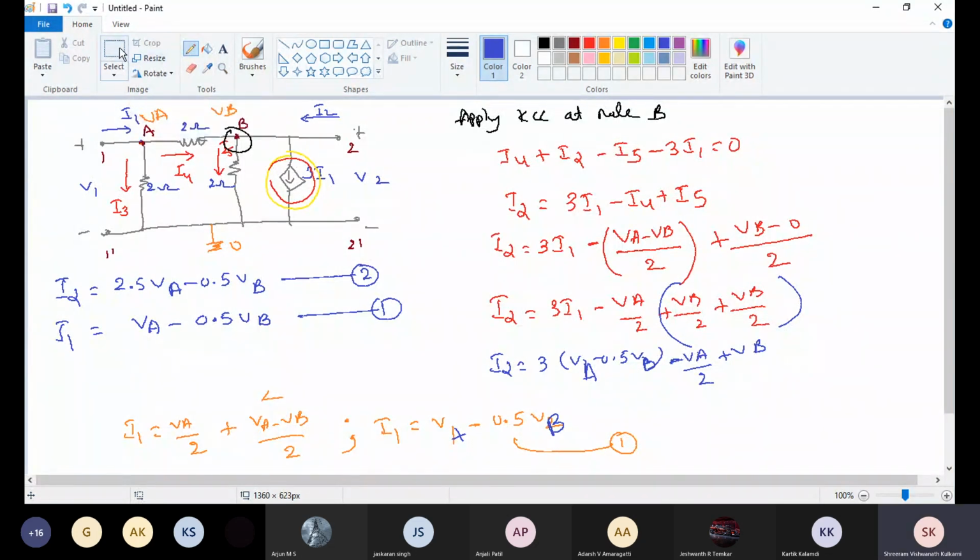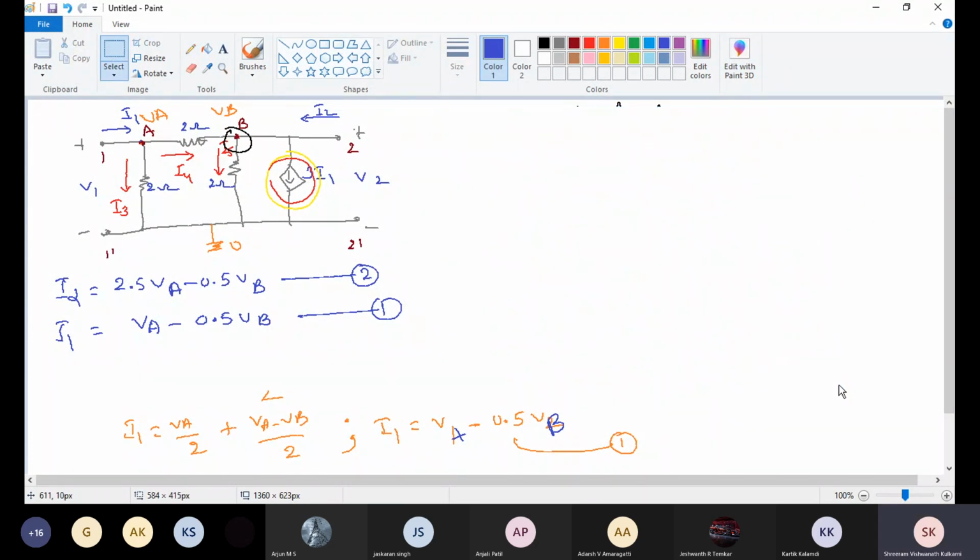Compare these equations with the basic equations of Y parameters. Then tell me y11, y12, y21, y22. y11 is 1, y12 is minus 0.5, y21 is 2.5, y22 is minus 0.5.